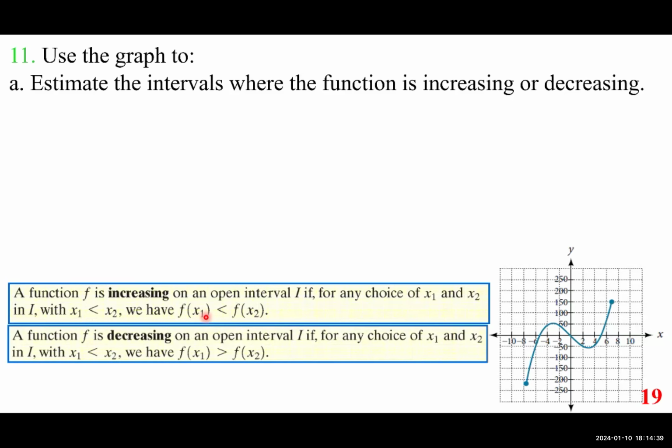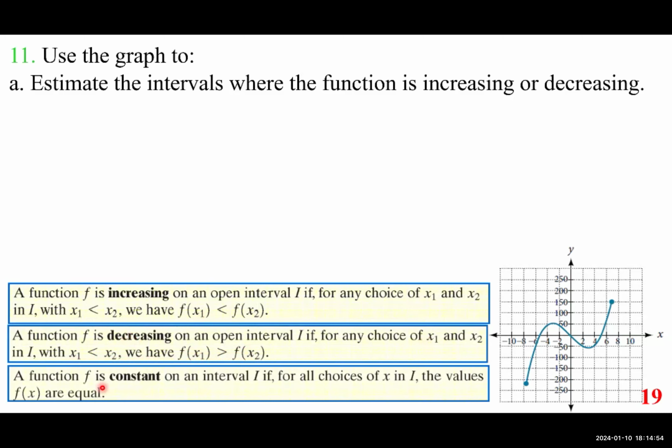On the other hand, if we have the same situation, but this time when x1 is less than x2, it results in f(x1) being larger than f(x2), it's called decreasing. And a function f is constant on an interval I if for all choices of x, the values of f(x) are not changing, they're all equal.